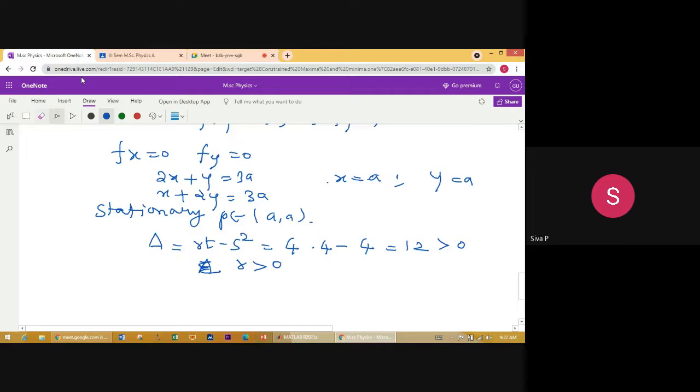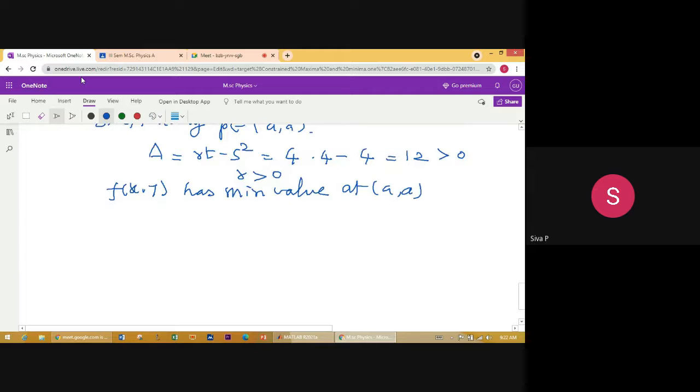So when r is greater than 0 and delta is greater than 0, f of x comma y has a minimum value at (a, a), and the minimum value of f of x comma y is 3a square.